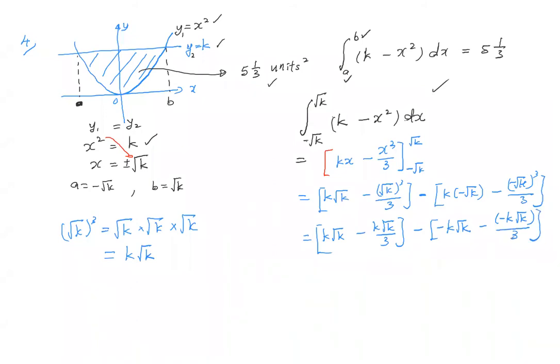So this will be k root k, take away k root k over 3, minus becomes plus.